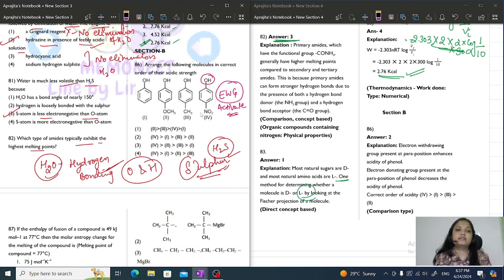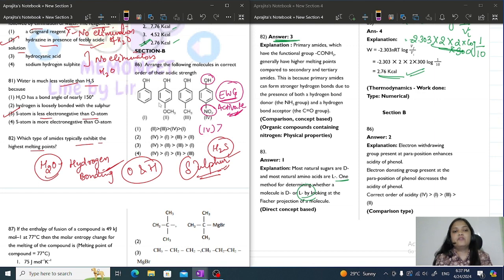In these options, NO2 is the electron withdrawing group, so it will enhance the acidity of phenol. So the fourth will come at the first position, means it will be the most acidic.